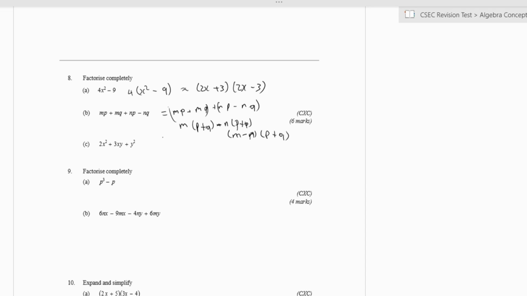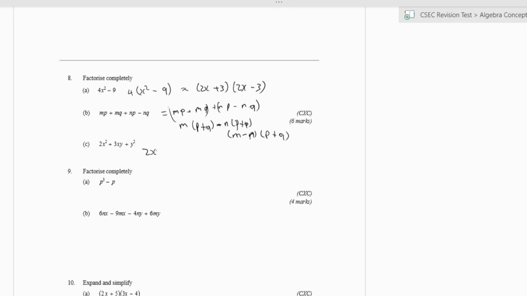We're going to use the factorizing method where we say a times c will give us the product, and when we multiply it we will get ac, and when we add it we will get b, which is 2 and 1.